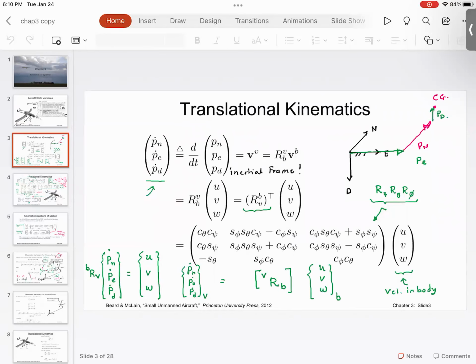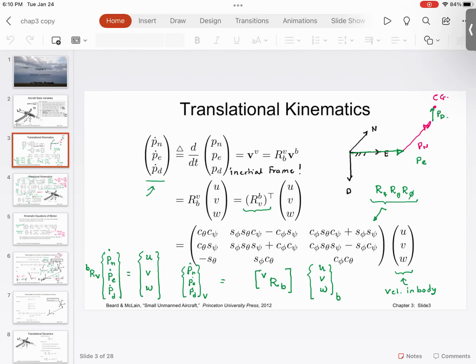So we looked at the translational dynamics. In translational dynamics, we have Pn, Pe, Pd, and we take the derivative of it, so we get the velocities. Those velocities can be transferred to the body frame by using the rotation transformation. Please understand, on the left hand side you have Pn dot, Pe dot, and Pd dot, and on the right hand side you have the velocities in the body frame.